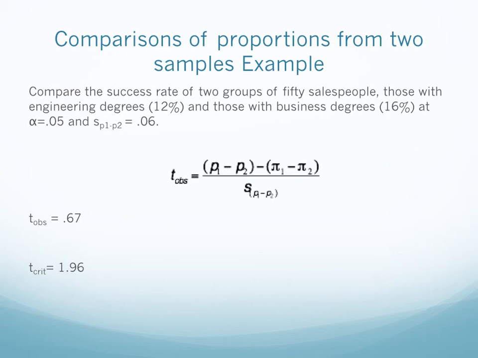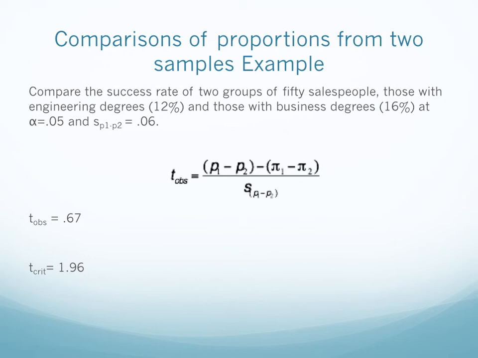So again, the t is calculated as P1 minus P2 minus the hypothesized difference. In this case, we're not hypothesizing there is any difference. So we're simply asking the question, is the proportion in one group different from the proportion in the other group?